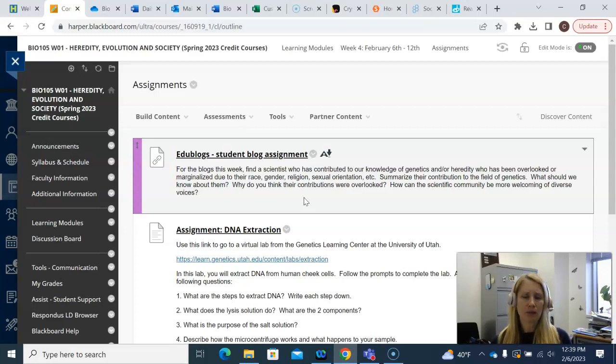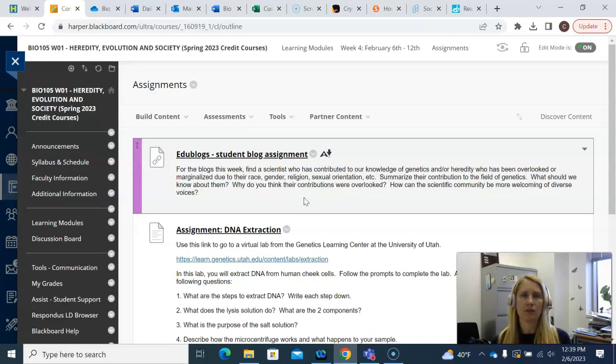For the blog this week, I wanted you to try to find some of these other folks in science. It would be great if it was specifically people who had a contribution to genetics or heredity, but it can really be anything related to biology, cells, evolution, anything that we're going to be talking about this semester.